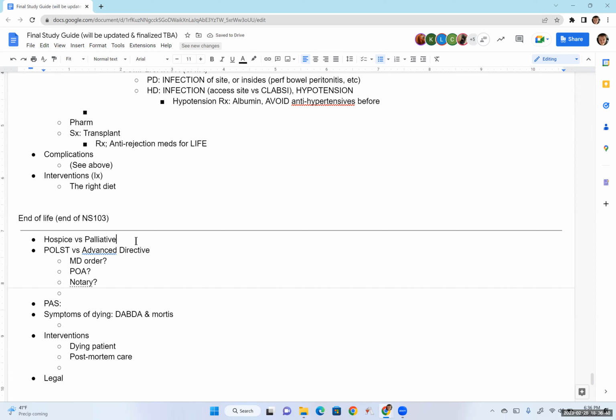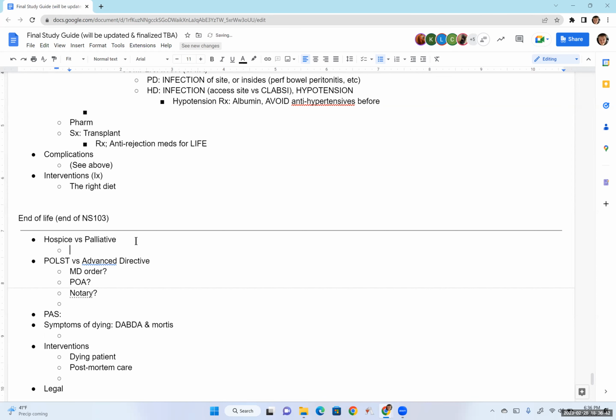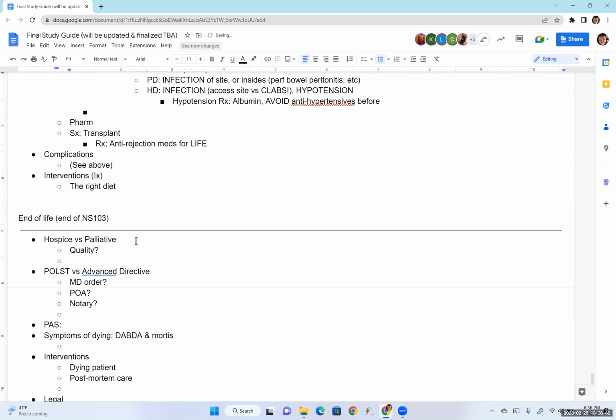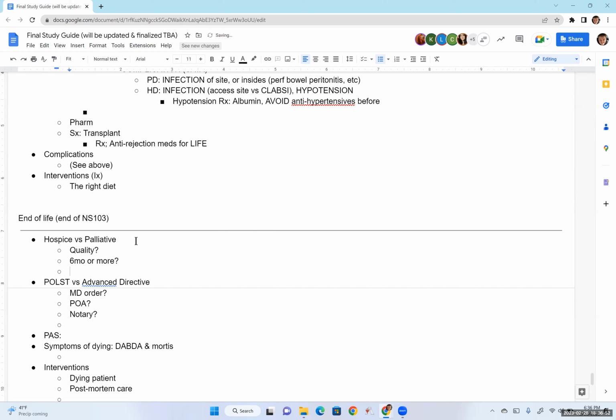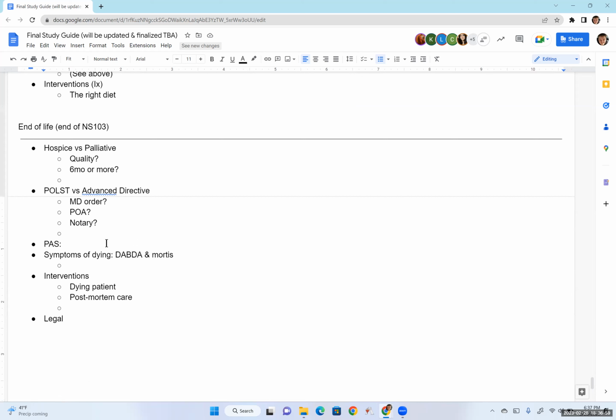Hospice or palliative, which one is quality versus quantity? They both are, but which one is 6 months or more? Okay, more is palliative, less than 6 is hospice, right? All right, does that make sense?